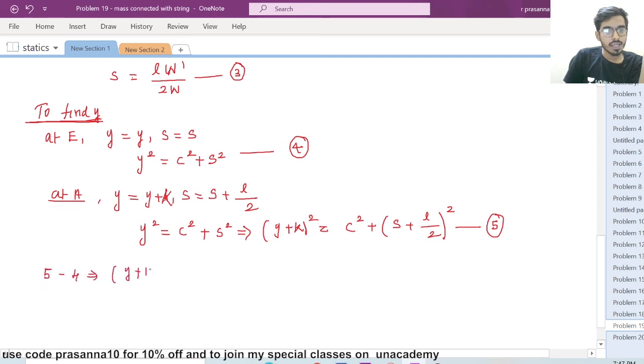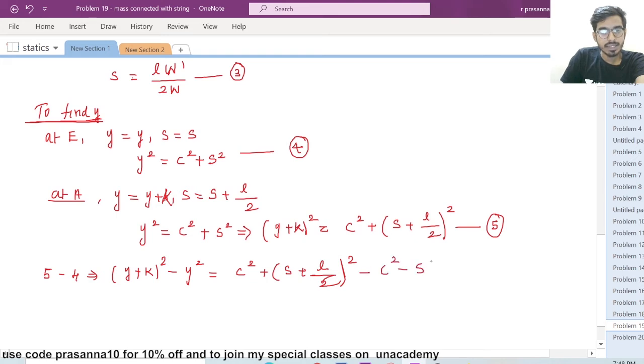So here you will have y plus k whole square minus y square equal to C square plus S plus L by 2 whole square minus C square minus S square, right? I'm subtracting 5 minus 4.